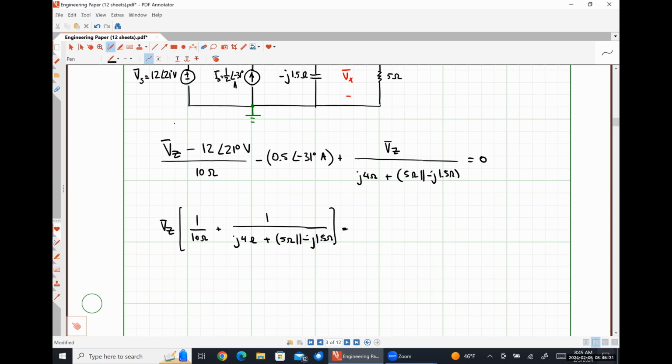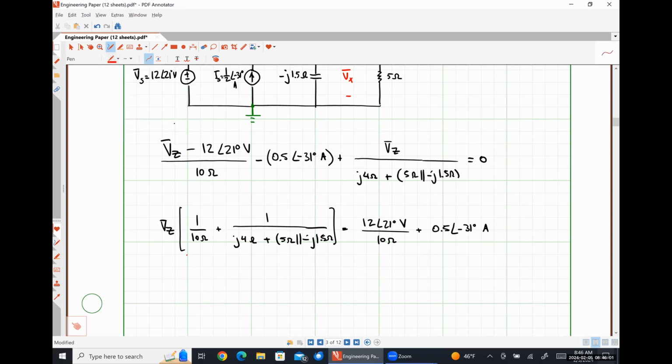And so I've got my variable and its coefficient on the left-hand side of the equal sign. And now I'm just going to move all of the constant terms to the right-hand side of the equal sign, which is going to look like 12 angle 21 degrees volts divided by 10 ohms plus 1/2 angle negative 31 degrees amps.